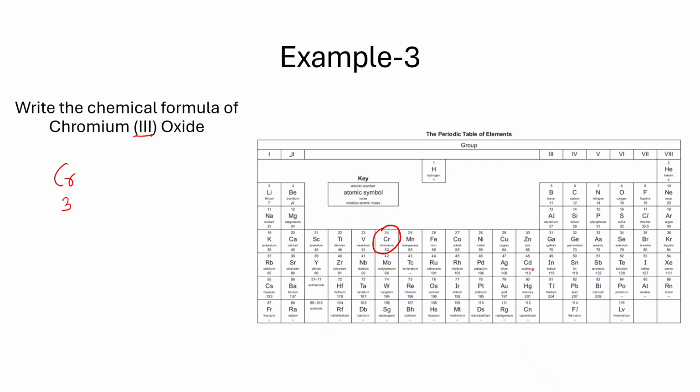And the other element that's present is oxygen, which is again placed in group 6 of the periodic table. So its symbol is O and its valency is 2, and we cross multiply these two and the chemical formula is Cr2O3. I hope that's clear.